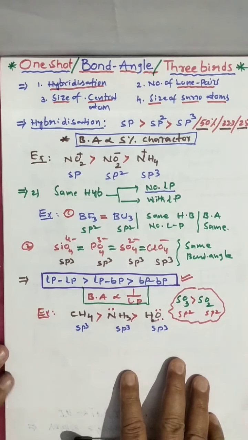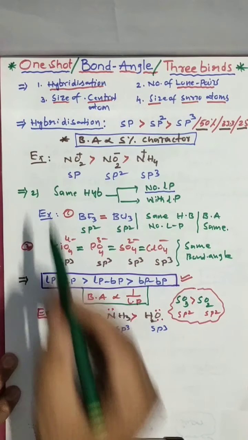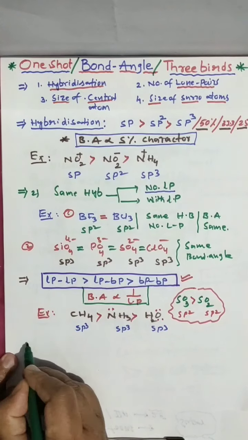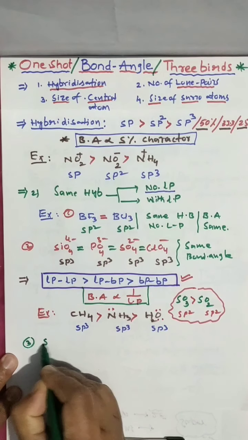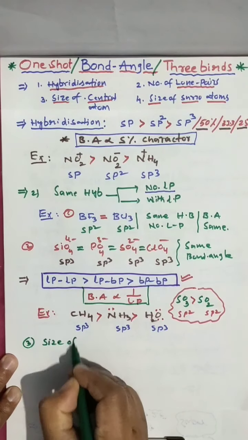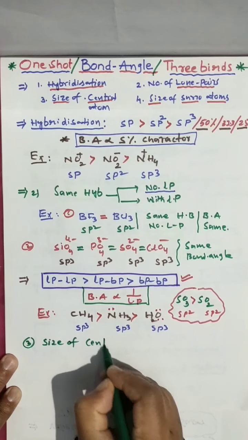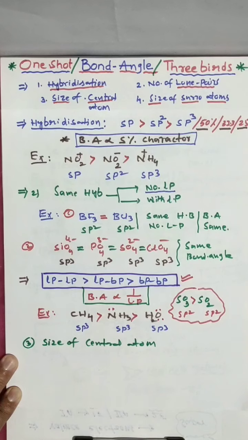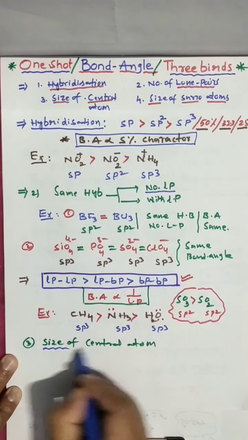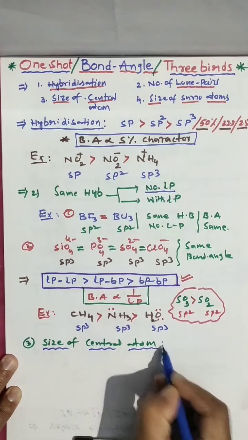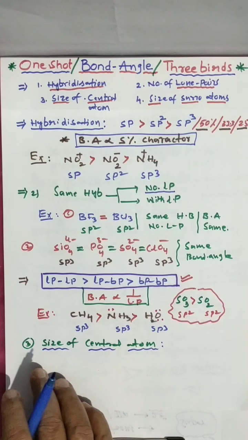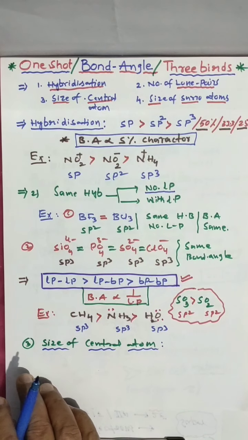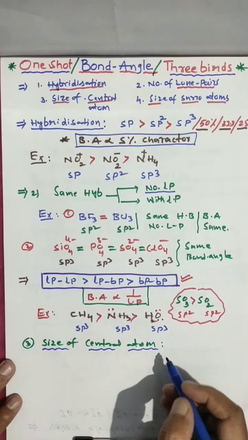Now condition number 3. What is the condition I gave? Size of central atom. Size of the central atom plays a key role in deciding bond angle. Clear? So we have to go for size of central atom. But how can we address the size of central atom?